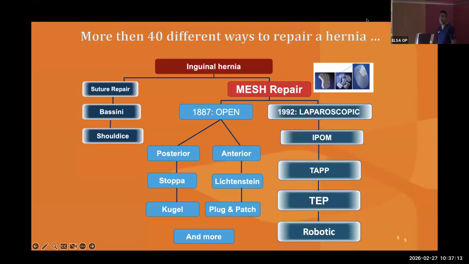How many of you do laparoscopic hernia? Do you know the zones that are described? And how many of you do open repair? Very good.